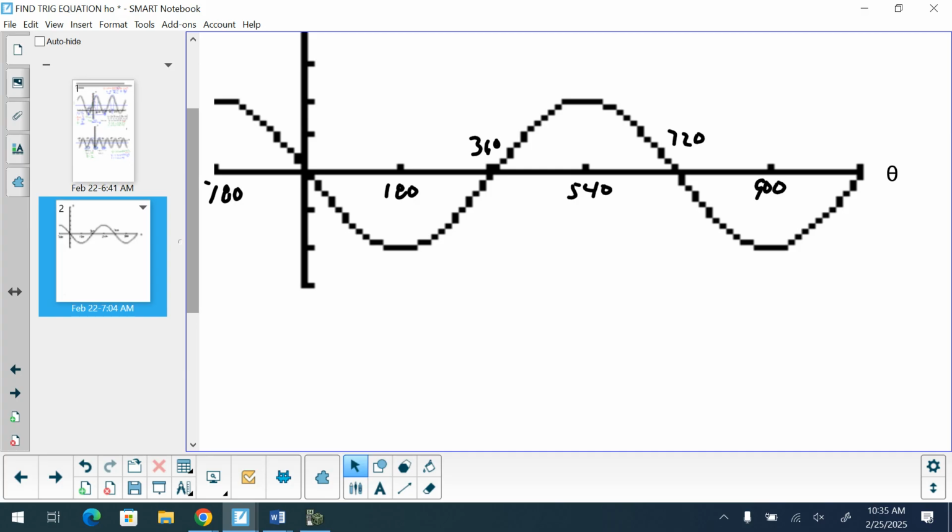Once again, as I said before, you have an infinite number of solutions. So you may have a different equation than somebody around you, and they both may be correct.